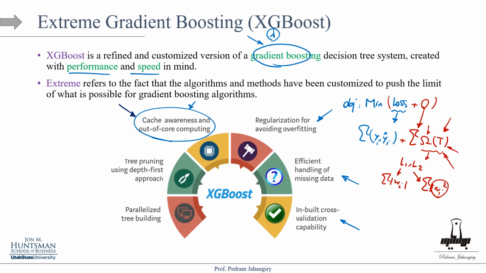The next one is the tree pruning process. XGBoost uses a depth-first search approach, which is genius. Let's talk about it. We know that in GBM or AdaBoost, these sequential models are going to stop splitting a node when they encounter a negative loss in the split.